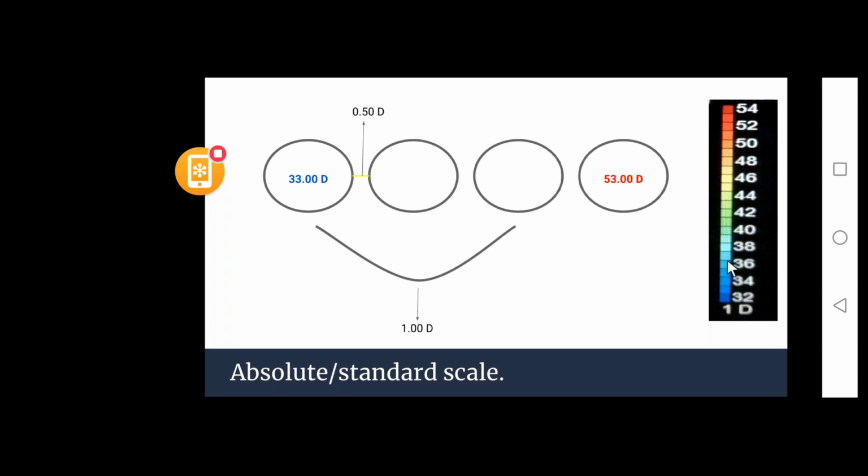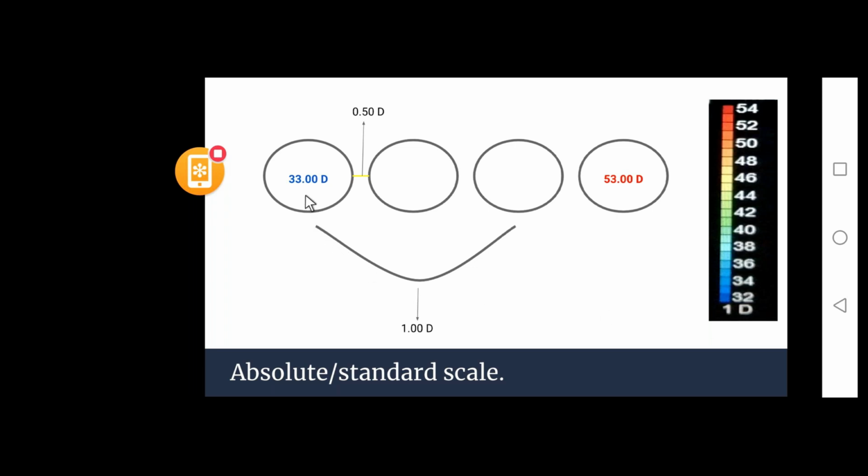Now what happens in this kind of scale is, this scale is good for comparison between two reports of the same patient. However, let's say this spot is 33 diopters and the next spot is 33.5. There is a difference of half a diopter between the two spots, but the color step it is using is 1 diopter.